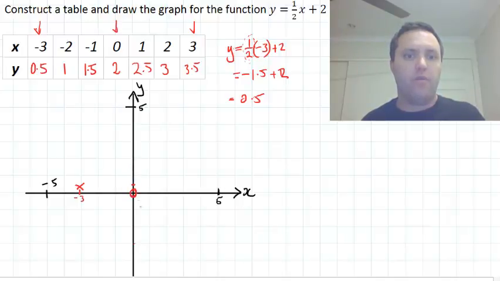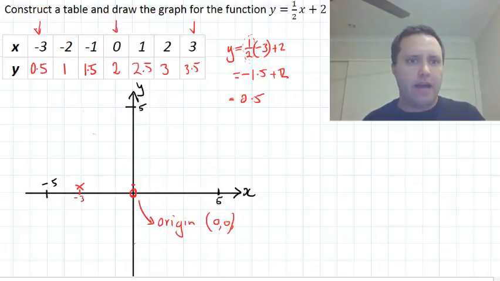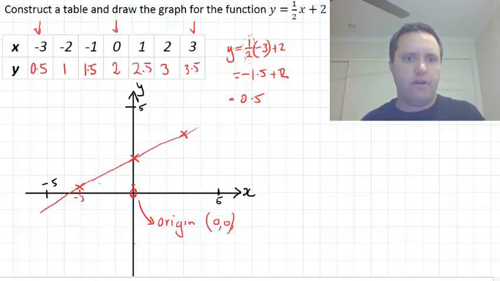Which I should have said before: the point where the axes cross is called the origin, 0, 0. What have we got? 0 and 2, then 3 and 3.5. So here. And you'll see that that creates a nice line if we draw through it, hence why it is called a linear equation.